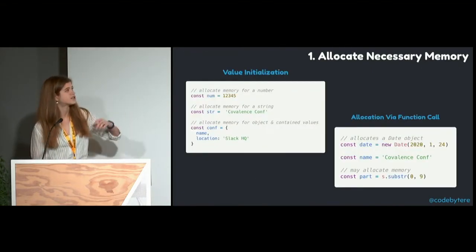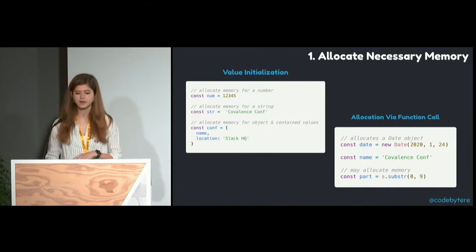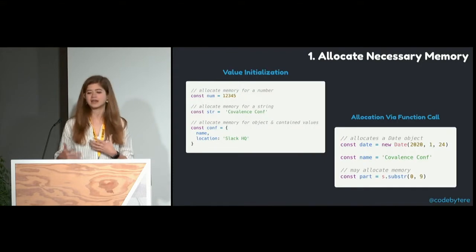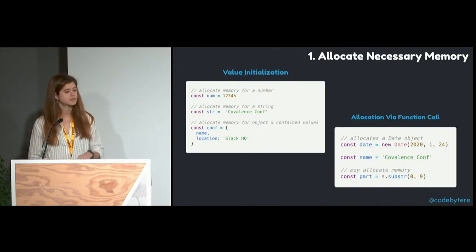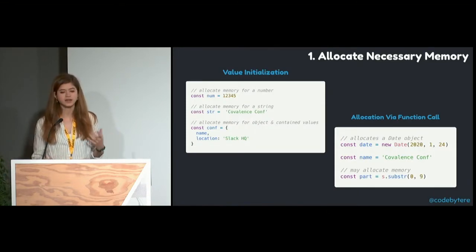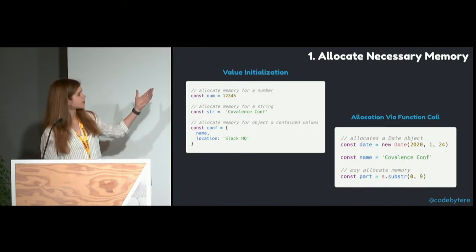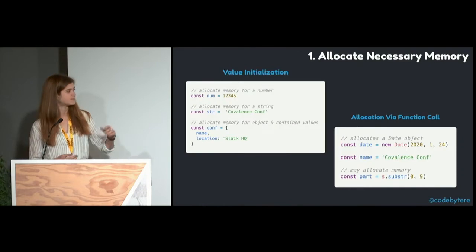This first stage, memory allocation, can take one of a few forms. We can allocate memory by initiating a value, or we can allocate memory via function call. Some examples are here. On the left-hand side, we're going to allocate memory via value initialization for a number, a string, and then an object with some values contained therein.